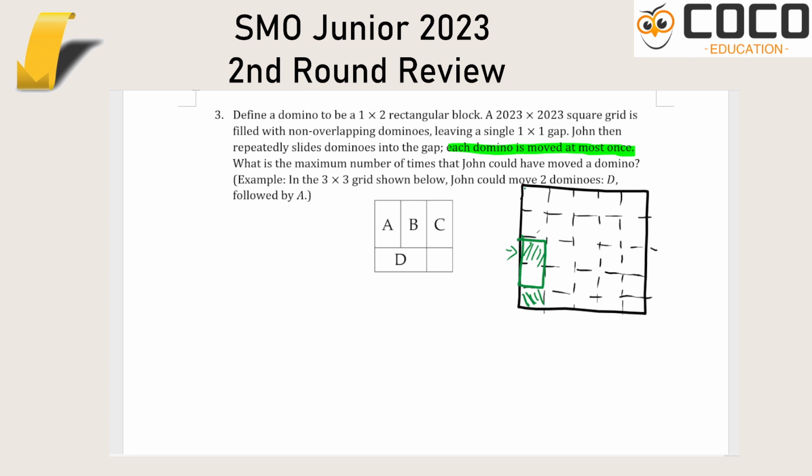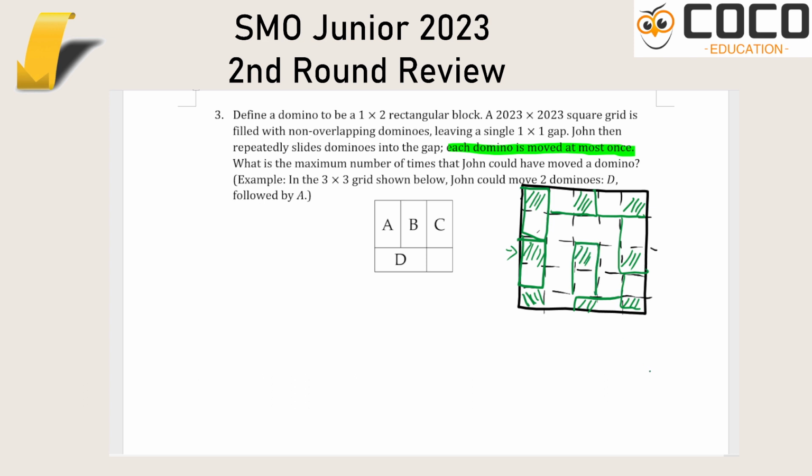So I say that perhaps I could put a domino here. And then when you shift that over, this will become the gap. And so on. So you can see the reasoning is going to look like this. That possibly I could do something like this. And down here, maybe I would have to move into the center.